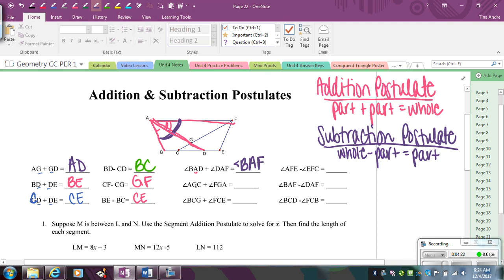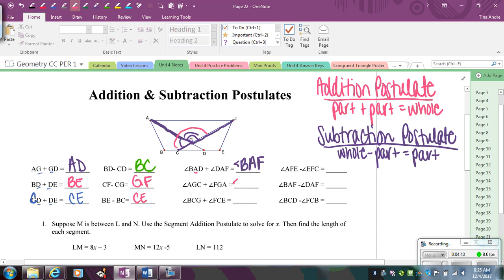We go to the next one here. We have AGC. So AGC is this angle plus FGA, this angle here. Together, that's this entire angle, which ends up being a straight line.